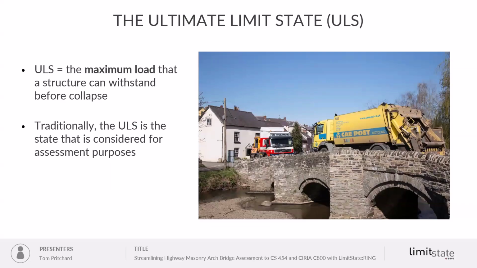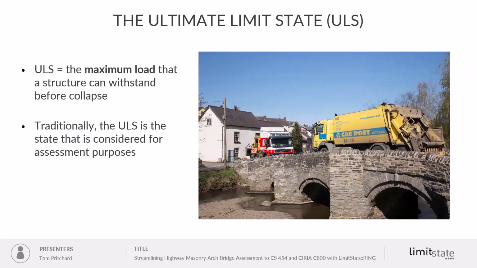So first off, what is the ULS, the ultimate limit state assessment of masonry arch bridges? We look at the maximum load that a structure can withstand before it collapses. They typically use plastic analysis methods that were first developed in the mid-20th century and have been applied to masonry arches, first off by researchers like Heyman, and more recently Bill Harvey and Matthew Gilbert have been looking at that.